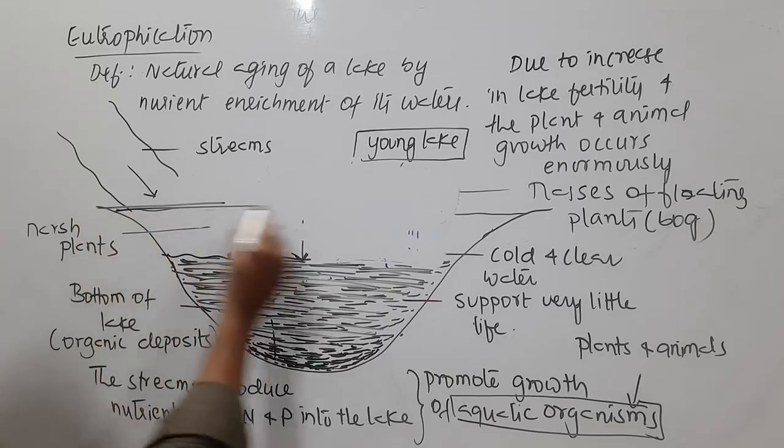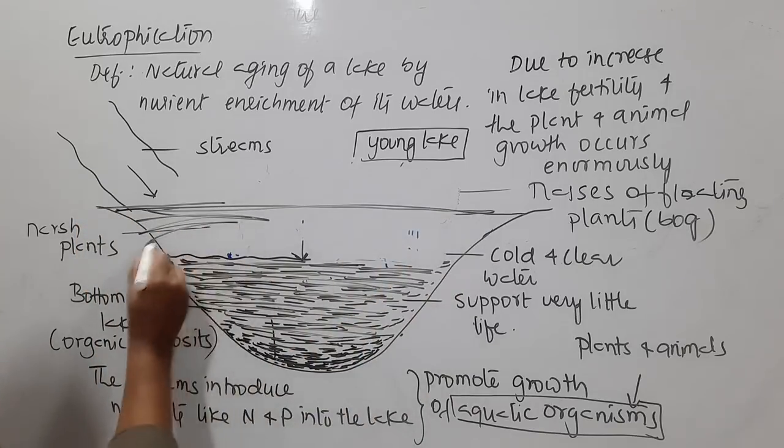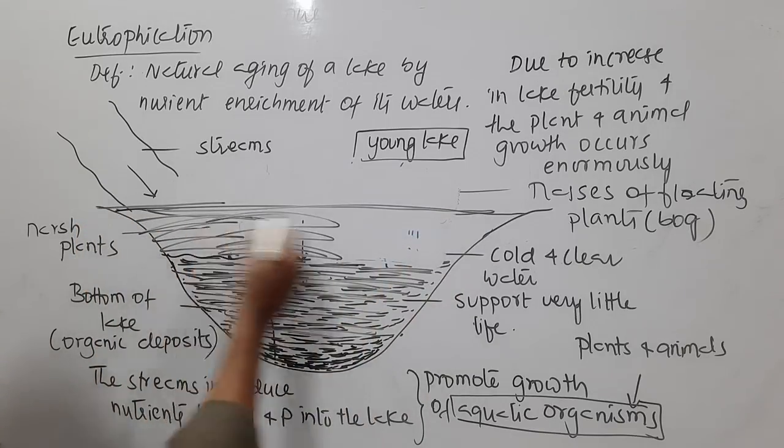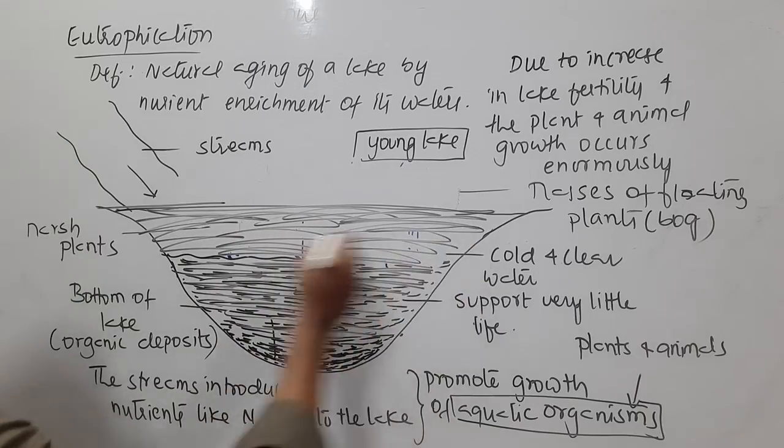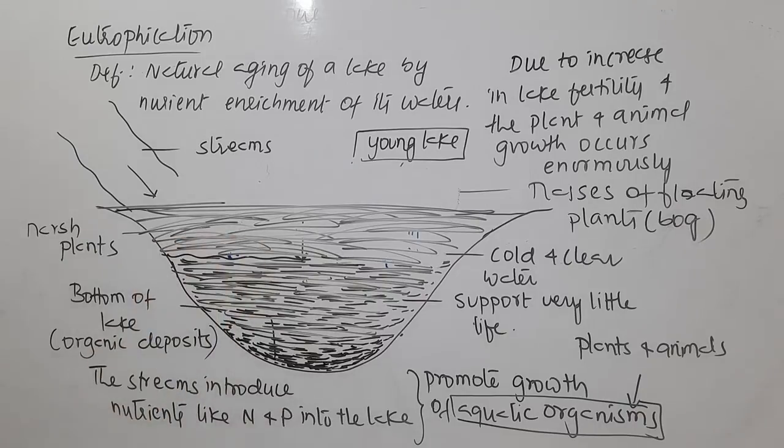You can see no water, and all this will be soil. Completely it will be soil, and this pond completely disappears in course of time. So that's what we call eutrophication, and this process can occur naturally.